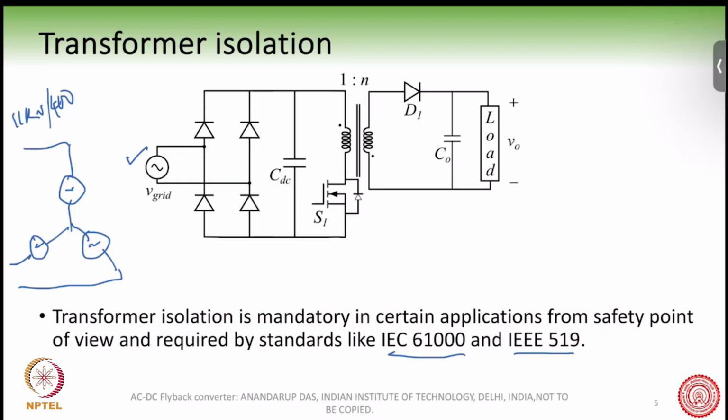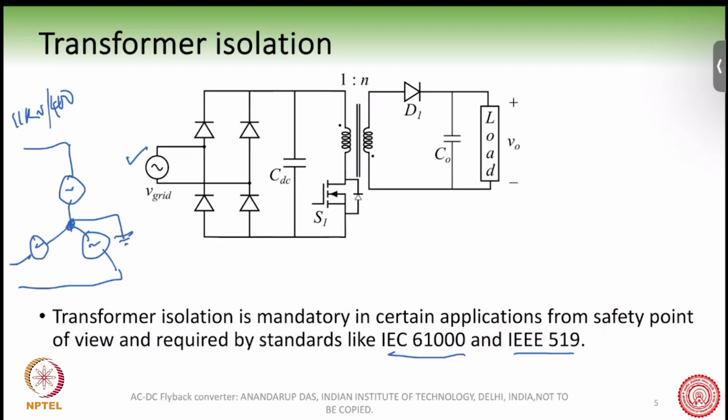Now this star point of the transformer on the secondary is usually earthed, maybe through some form of a current sensor so as to identify the fault current. It is generally earthed through a low frequency resistor like that, for sensing the fault current.